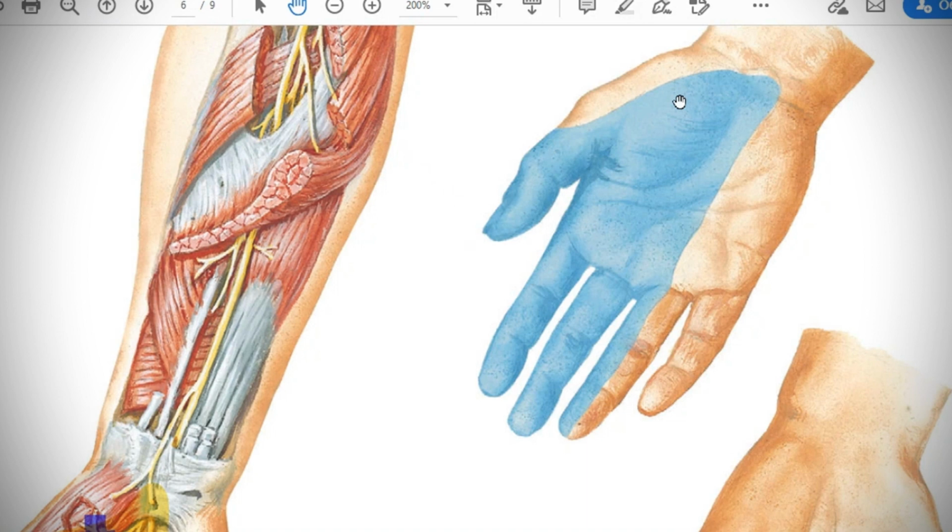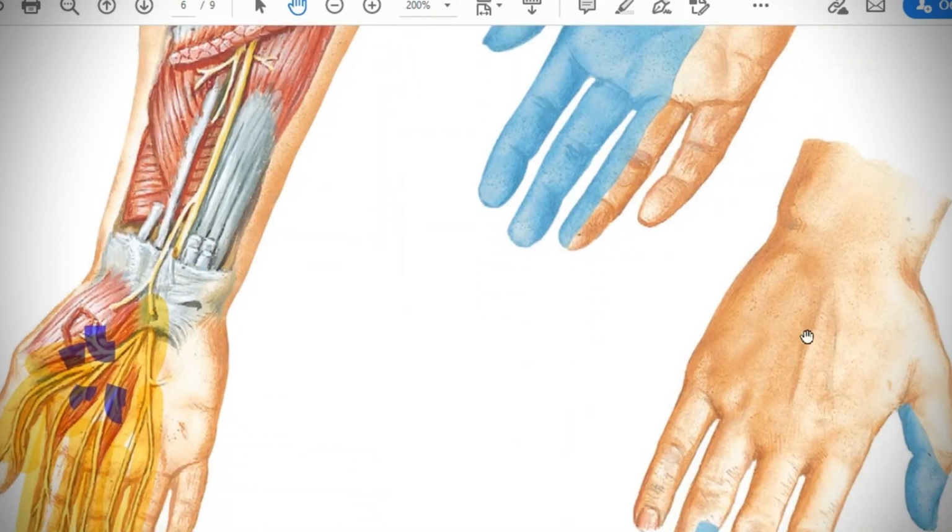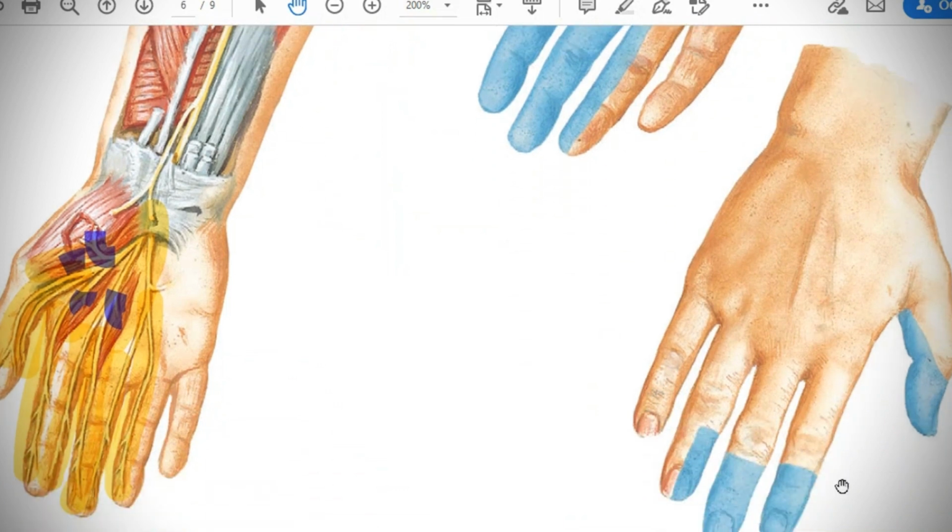Nervus medianus supplies the greater half of your hand, and all the palmar surface of the first, second, third, and half of the fourth fingers, and even some skin on the back side of the distal phalanx of the first, second, third, and half of the fourth fingers.